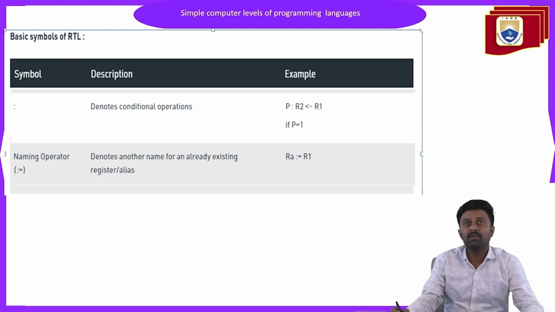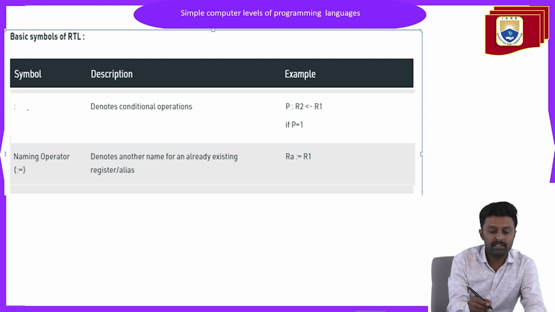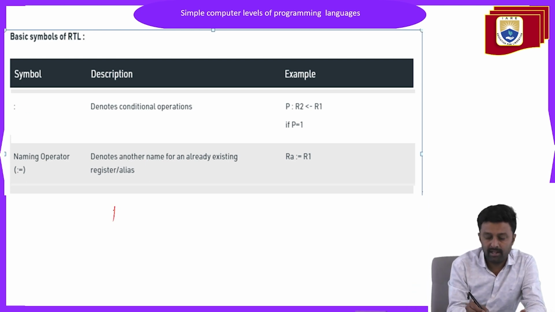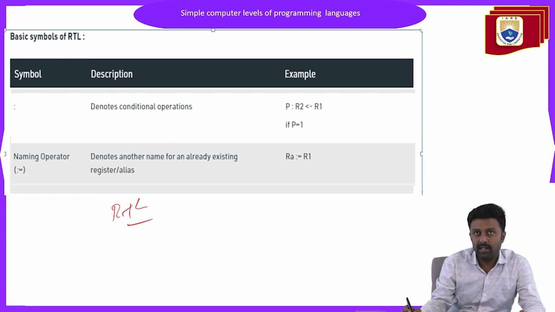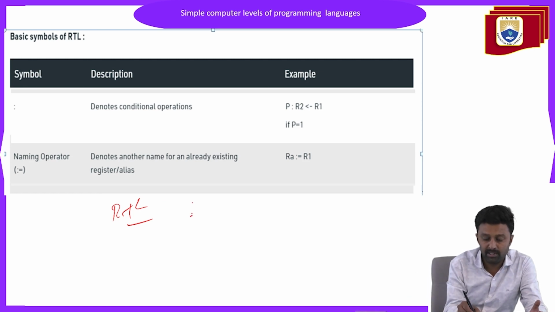Apart from this, we have this symbol here. In the register transfer language, if you want to move the content of a register, this language is used for moving the content from one register to another register. If you want to move the content with some condition, we use this symbol, colon.